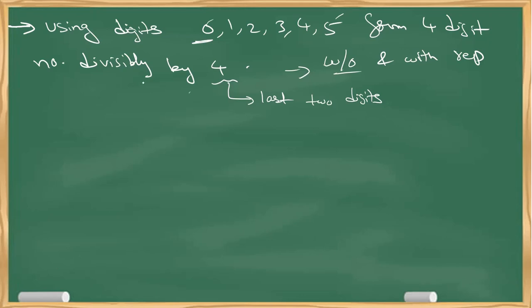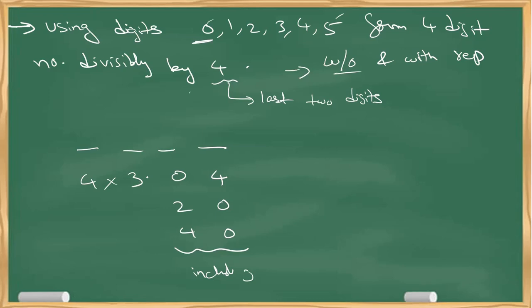First include 0 here and see what the possibilities are. If I include 0, I'll get 04, next 20, 40. These include 0. How many numbers divisible by 4 include 0 in the last two positions? How many digits are there? 6 digits, out of which 2 are gone. How many left? 4, 3.